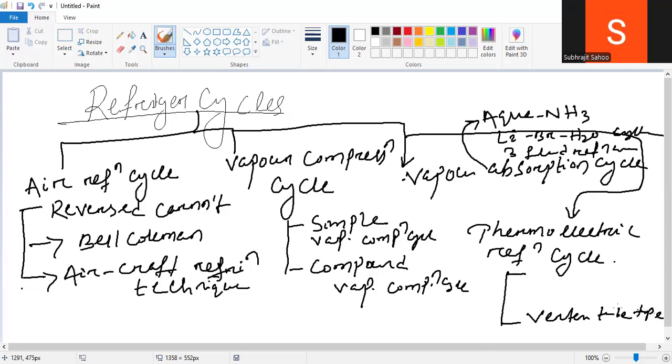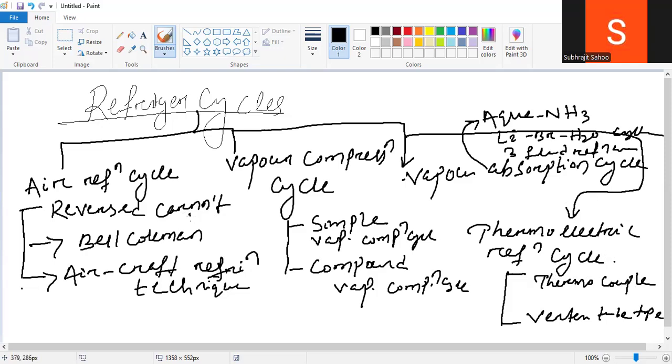And one more is thermocouple. Using a thermocouple, the thermoelectric refrigeration cycle will be constructed, and we will study it. So this is the brief classification of the several refrigeration cycles.